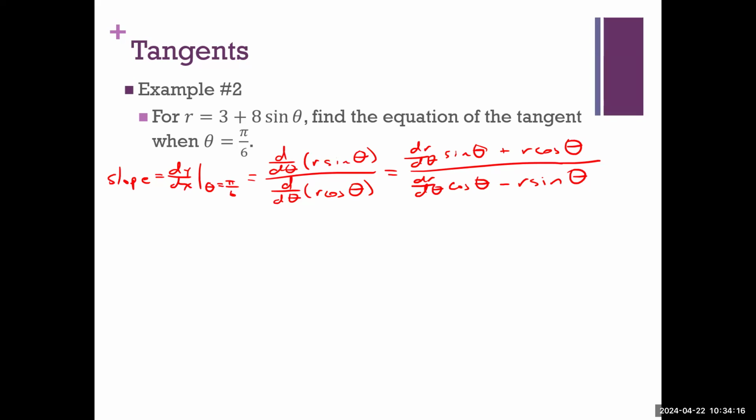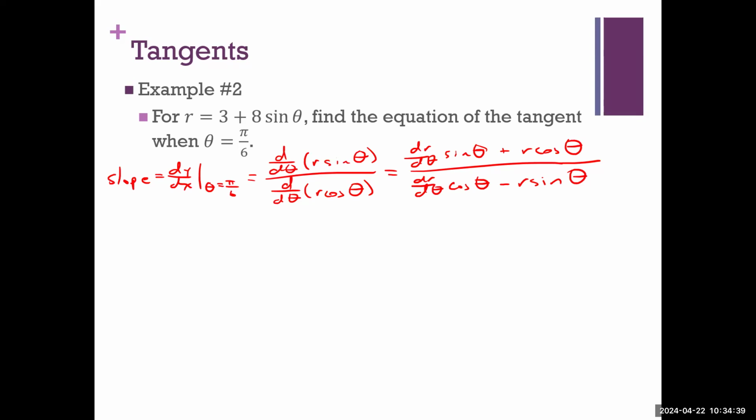Yeah, so the one thing I want to make sure of is that bottom line. Yes, this is going to be the way we find this derivative dy/dx for any polar curve. Let's remind ourselves where this d/dθ of r sine θ comes from. Why is that what the numerator looks like?